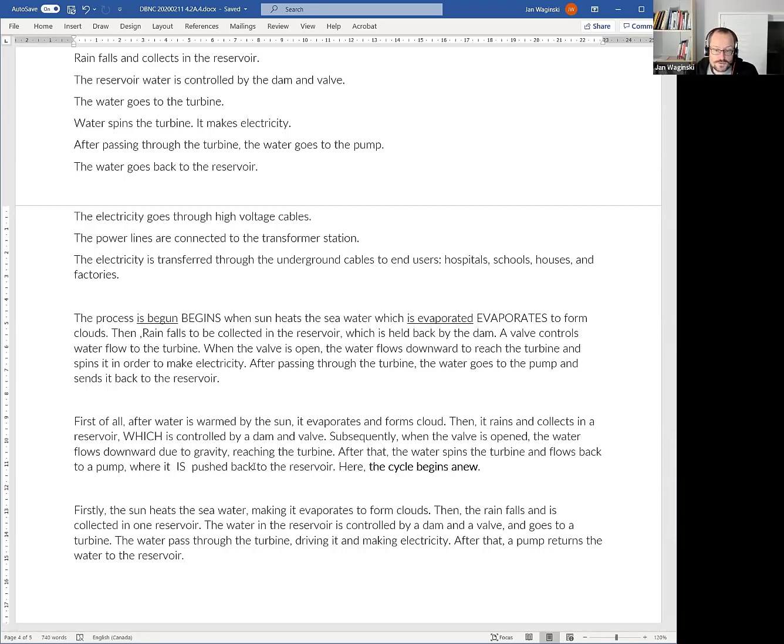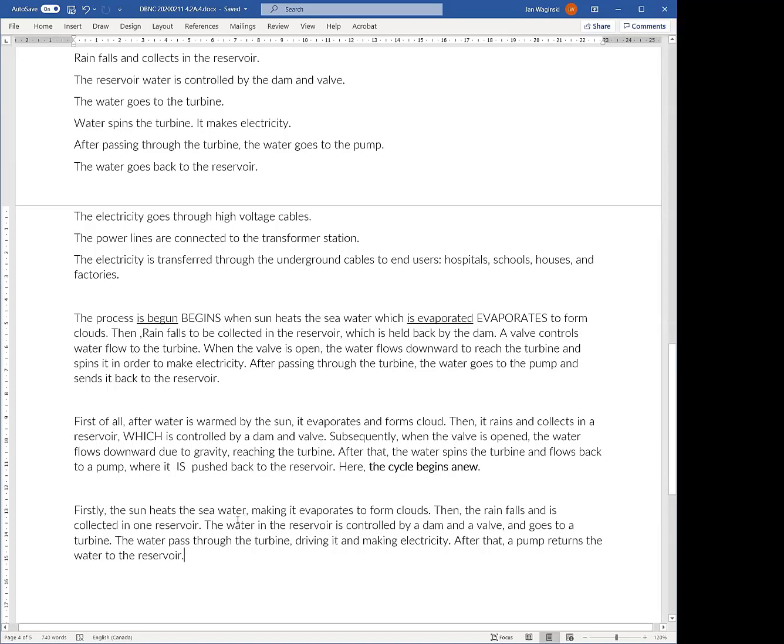Or you could just say push toward the reservoir if it's a very straightforward process. But here, it's going upward. You could even say pushed upward to the reservoir, or sent upward back to the reservoir. Any of those will work. Okay, thank you.